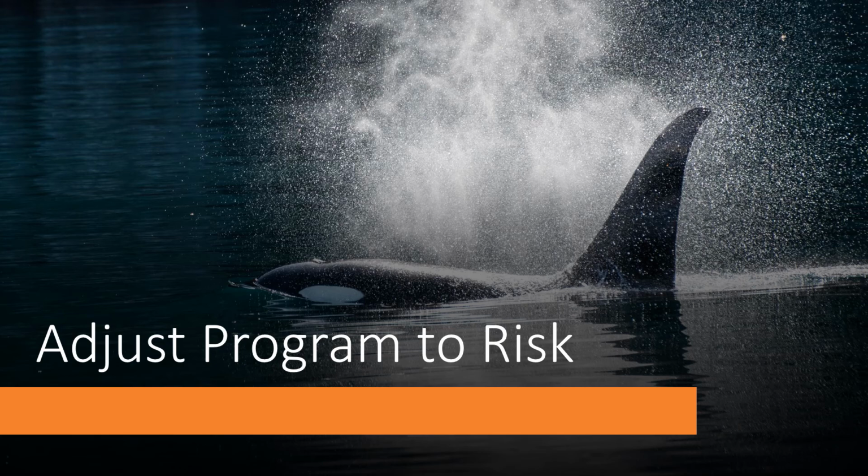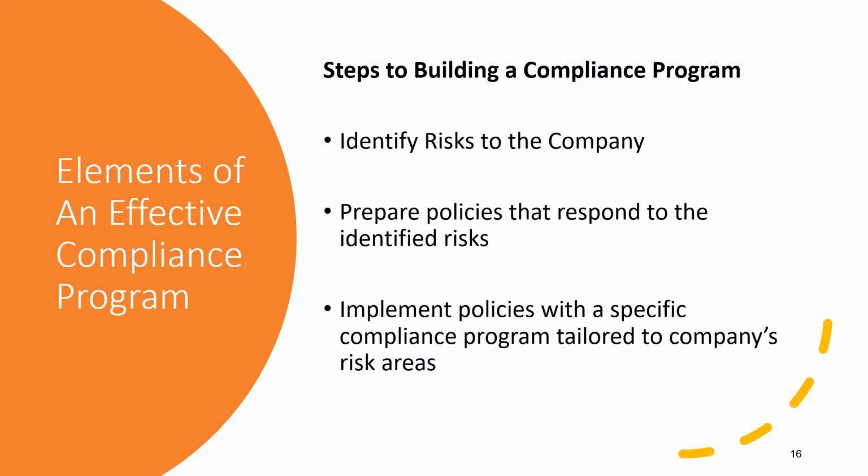What kinds of corruption are typical to arise? What kinds of corruption have tainted other competitors in that marketplace? These types of very careful considerations all go into the process of adjusting the compliance program to the new risk that's presented, which is an important part of an effective system.